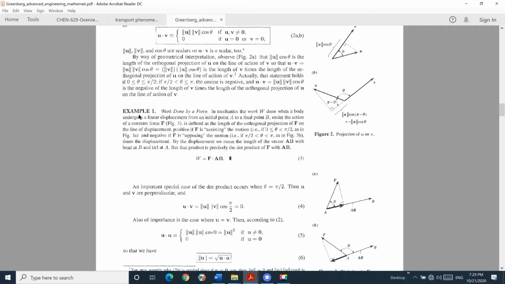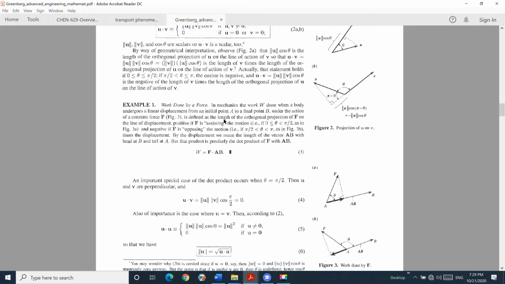For example, if you go over this example, work done by a force in mechanics: the work W is done when a body undergoes a linear displacement from the initial point A to the final point B. Let's say you have some body initially at point A, and some force acting on this body is taking it from the initial point A to the final point B. Under the action of the constant force F acting on this body, represented in Figure 3, the work is defined as the length of the orthogonal projection of F on the line of the displacement.